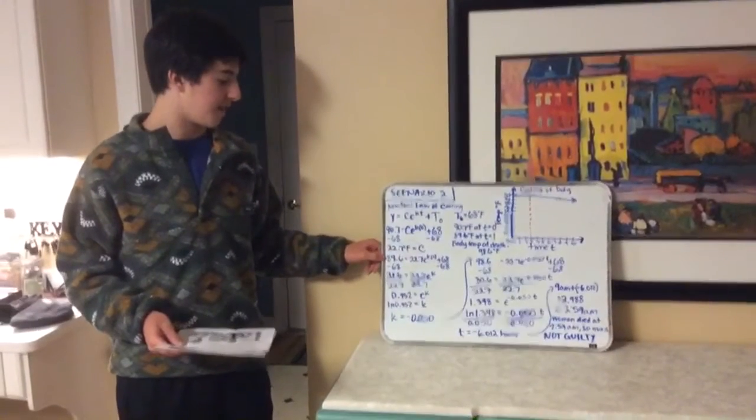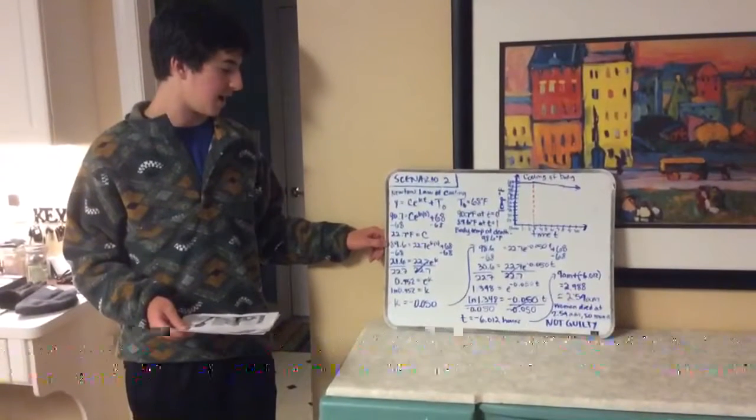So we'll put 89.6 for Y and 1 for t. And again, we'll do our algebra, subtract 68 and divide by 22.7 on both sides, and then take the natural log of both sides to get rid of the e, and we're left with k equaling negative 0.050.